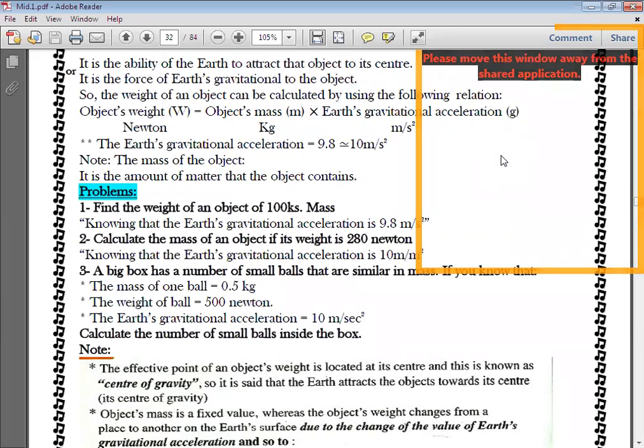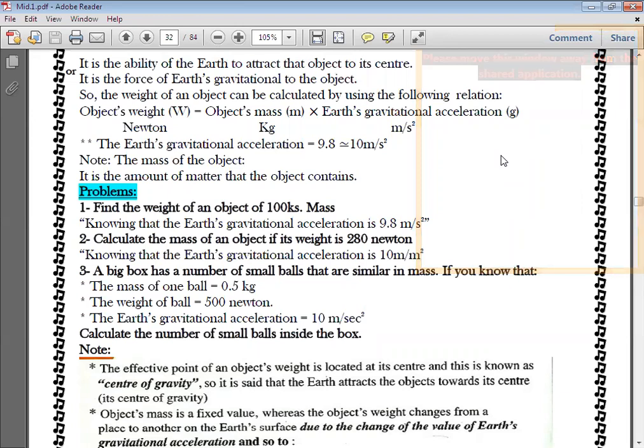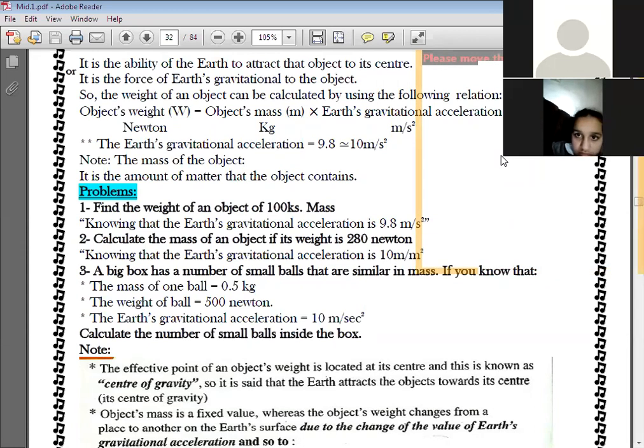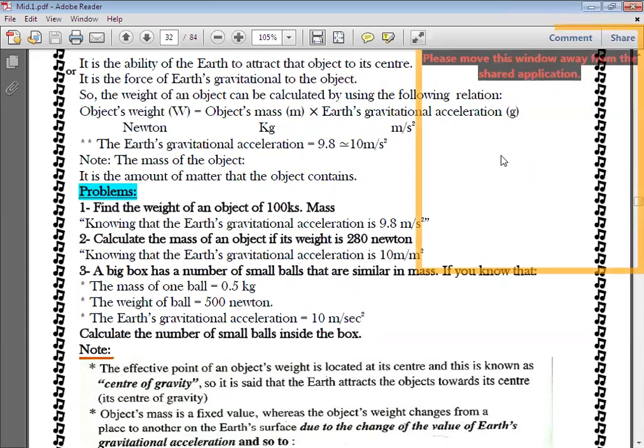The weight of all balls equals 500 Newton, but the weight of one ball we don't have. I can calculate it from the mass of one ball. Weight equals mass times gravity. Mass equals 0.5 times gravity equals 10. 0.5 times 10 equals 5 Newton.